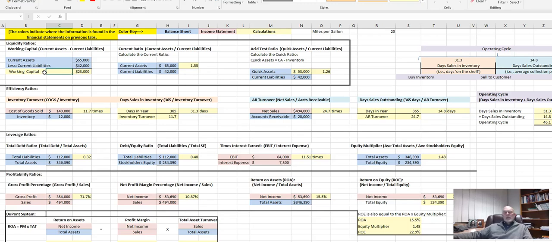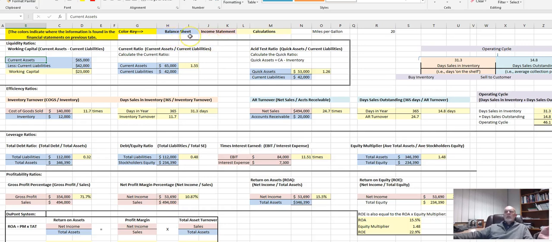Working capital are those assets that we're constantly using up and replacing, things like cash, accounts receivable, inventory, supplies, things like that. If you take your current assets, and by the way, all of these numbers on this page come from the financial statements on the first two tabs, and I've tried to color code them so you can find them easier.